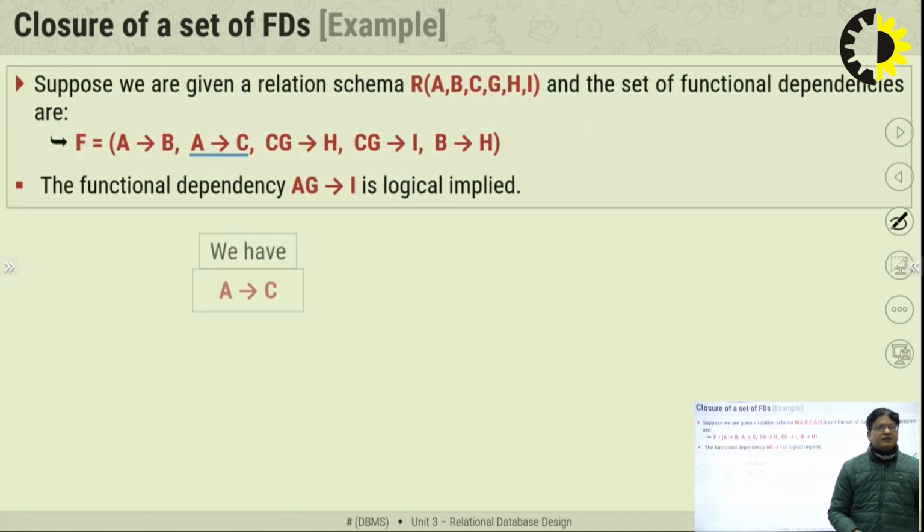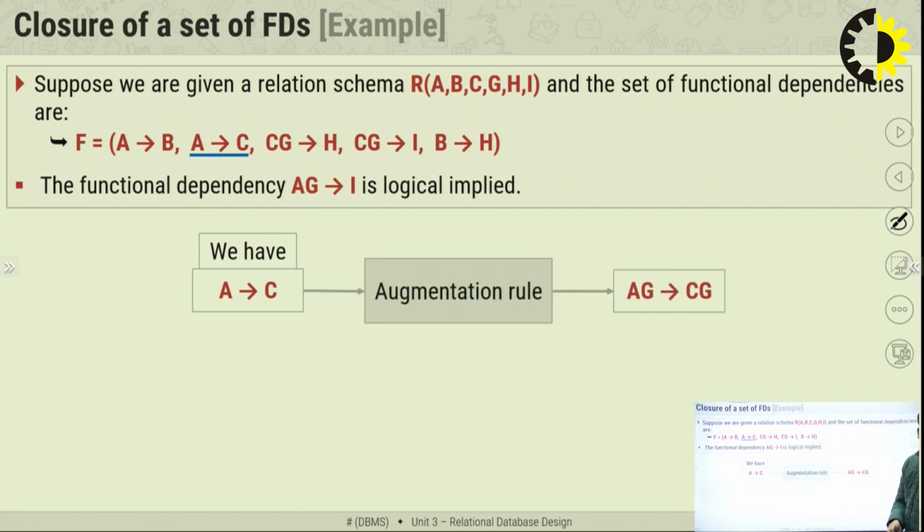Now functional dependency A determines C, then we can apply the augmentation rule. We have augmented both sides by G, then we will be getting AG determines CG. This is also a new FD that is not present here.